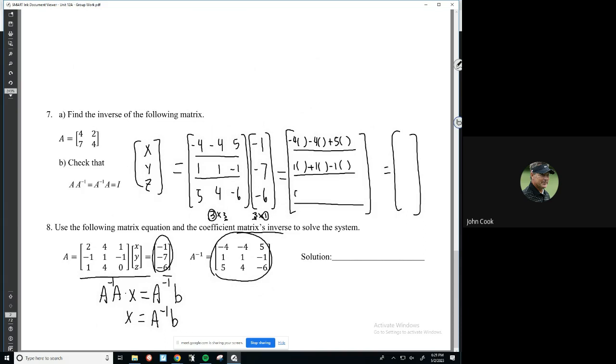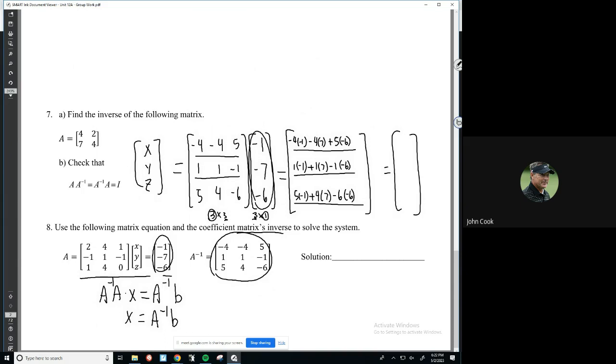And then 5 times something, 4 times something, and -6 times something. All those somethings are just going to be this one individual column. So we do -1, 7, -6, -1, 7, -6, and -1, 7, -6.